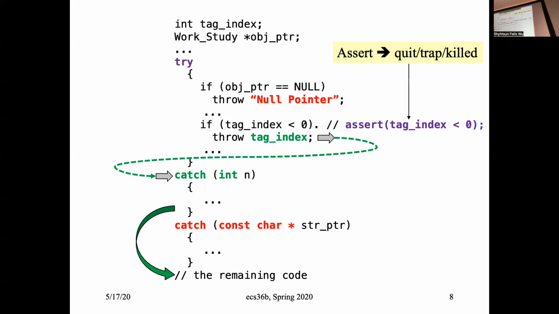Under what situation do you use assert? Basically assert says that if this is violated, then what will assert do at that point? It will actually kill the whole program, right?